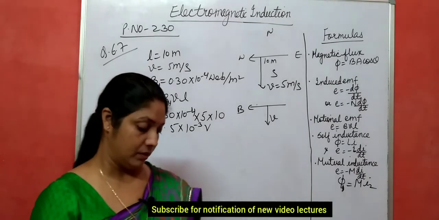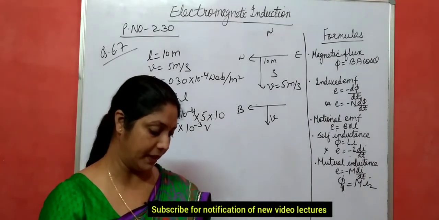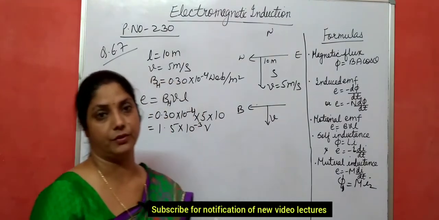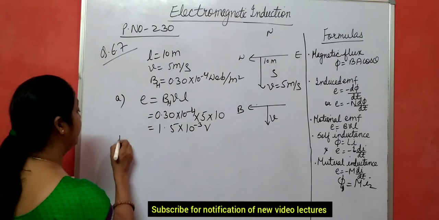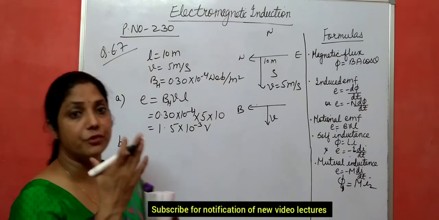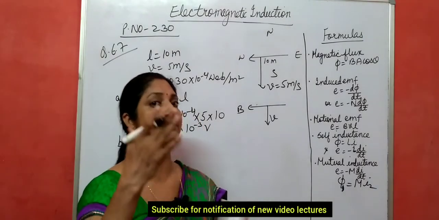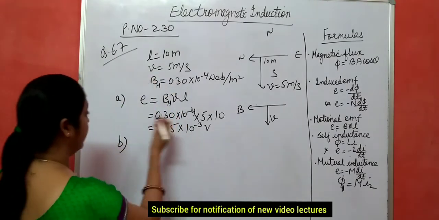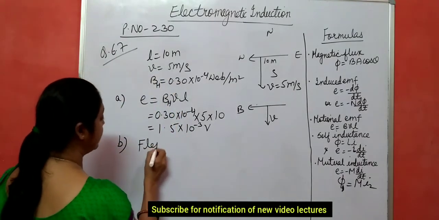Now second part. Second part is, what is the direction of this induced EMF? To give the direction of induced EMF, you have to use Fleming's right hand rule. And what is that rule?